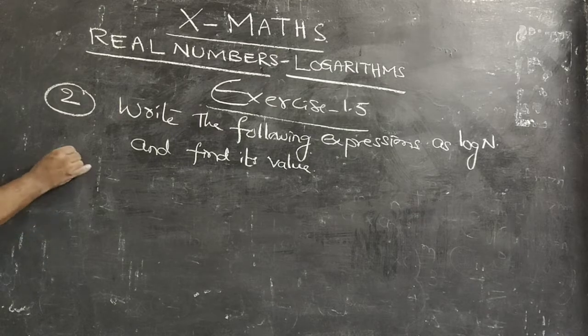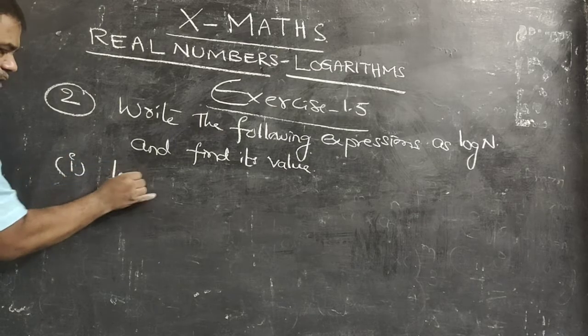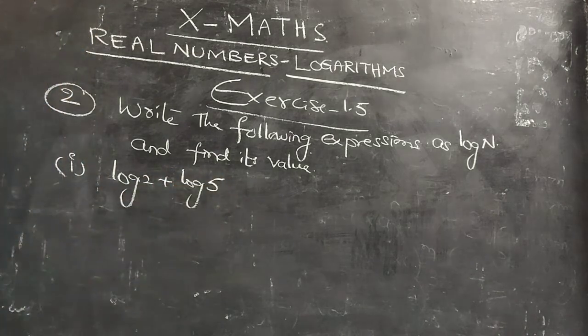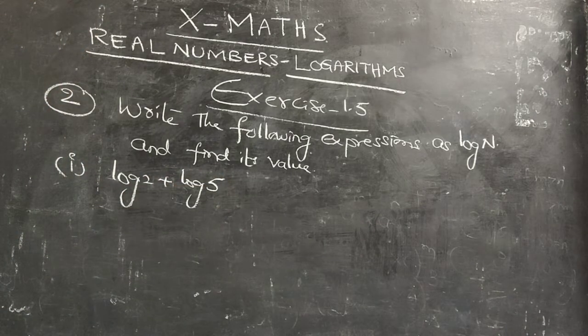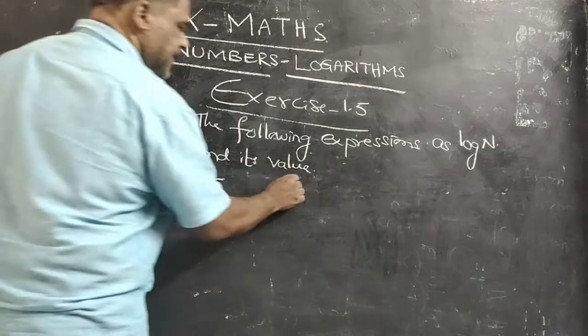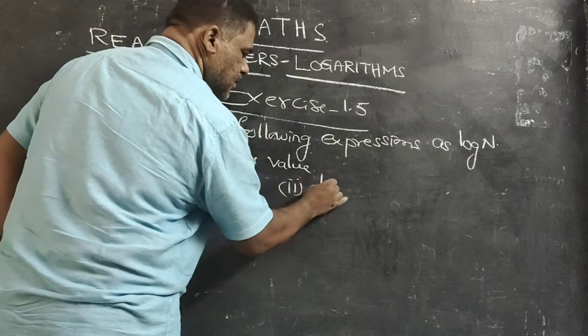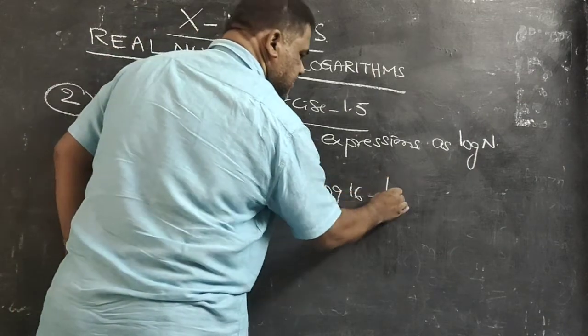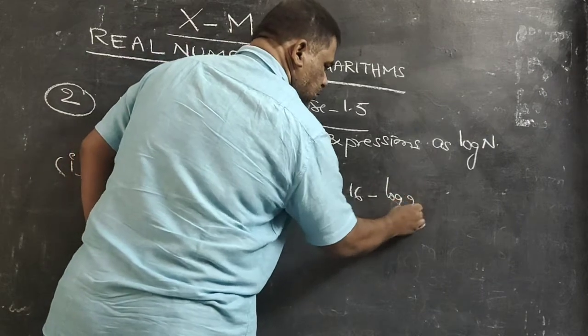First one, log 2 plus log 5. Second one, log 16 base 2 minus log 2 base 2.